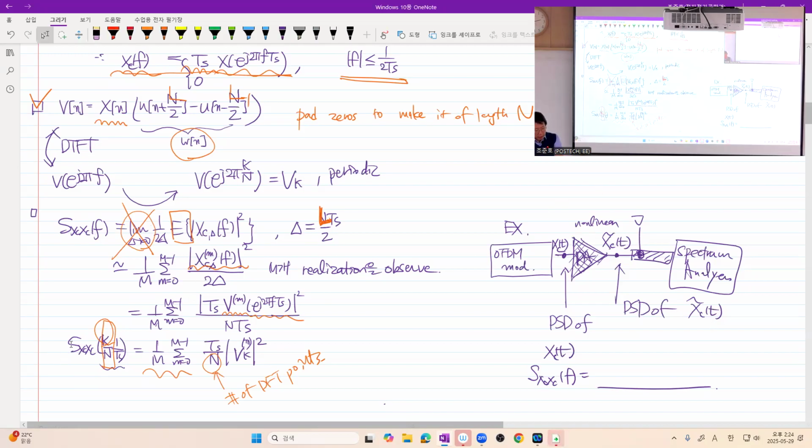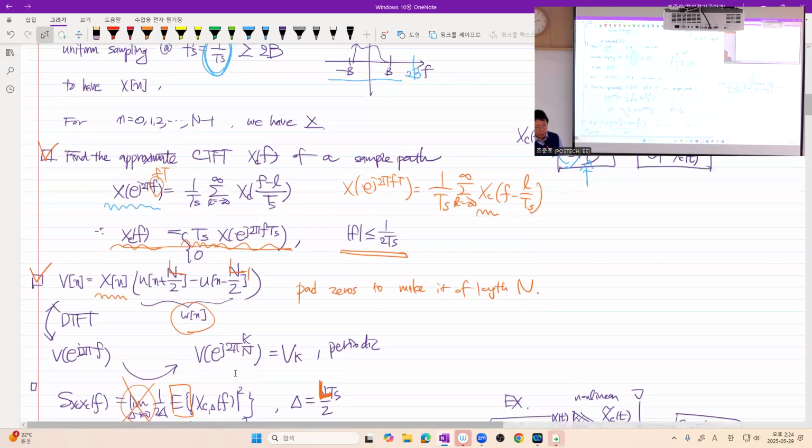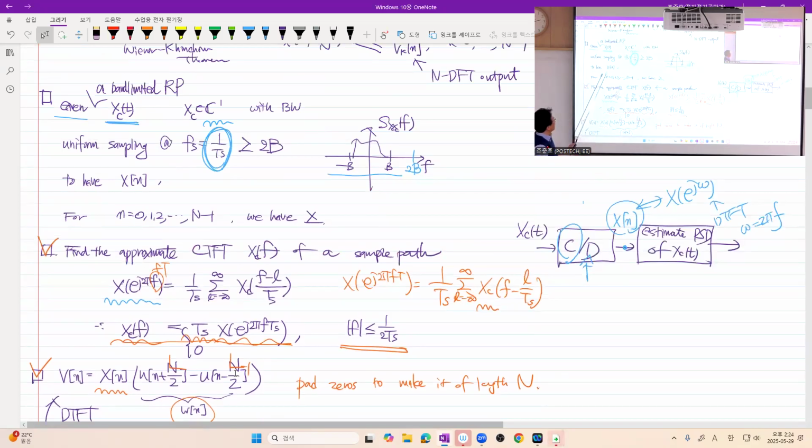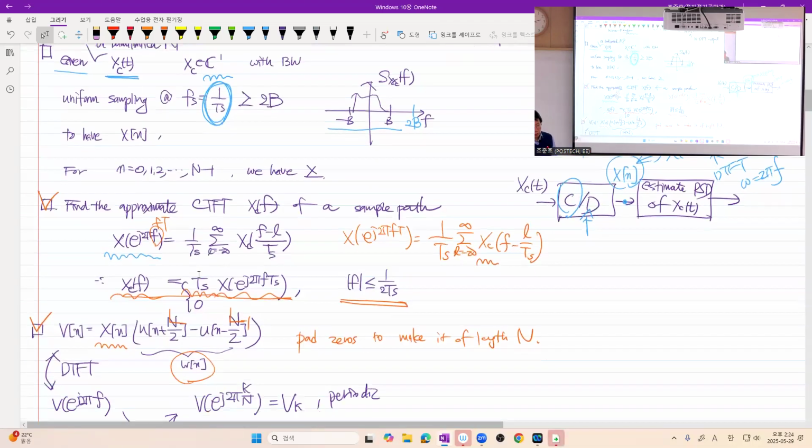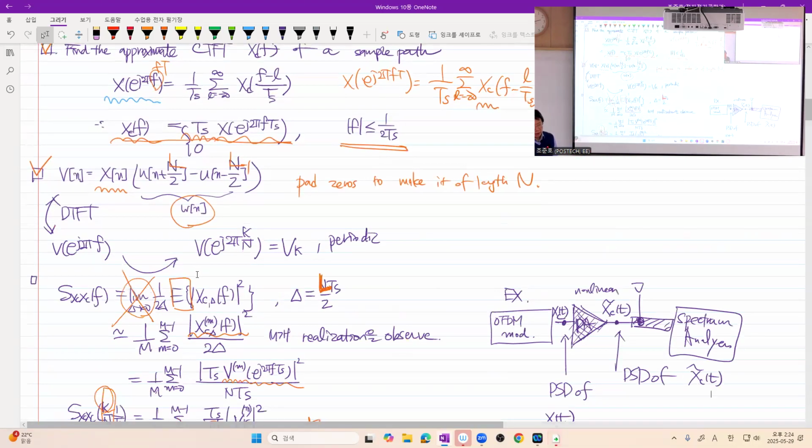So this scale is very simple here, but needs complete understanding of what's going on when you sample a continuous time signal and compare the CTFT and DTFT. And also, it requires the knowledge on how to sample the DTFT by using DFT. Got it?